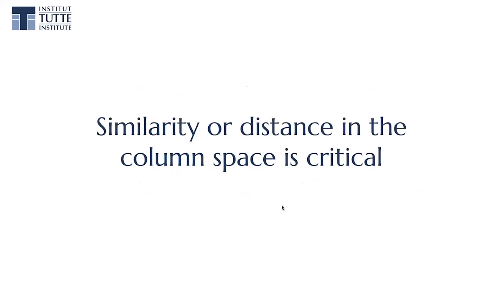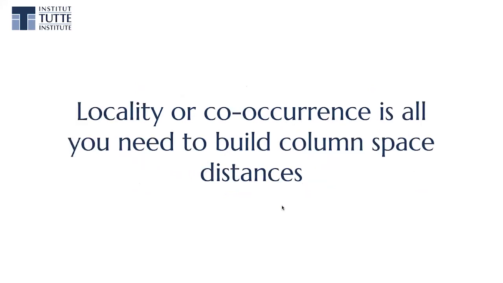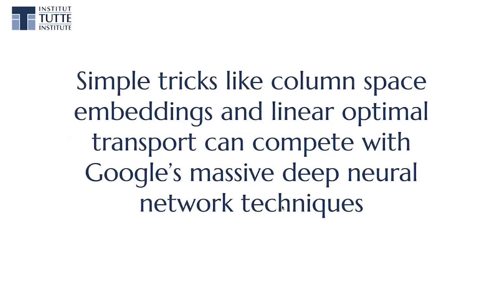This ability to have word vectors is the thing that really powered a lot of it. But all you need for that is locality or co-occurrence to make sense of these things and build this column space distance that we can work with. And really, simple tricks like column space embeddings and linear optimal transport can compete quite favorably with massive deep neural network techniques designed specifically for text. So that's all I have.